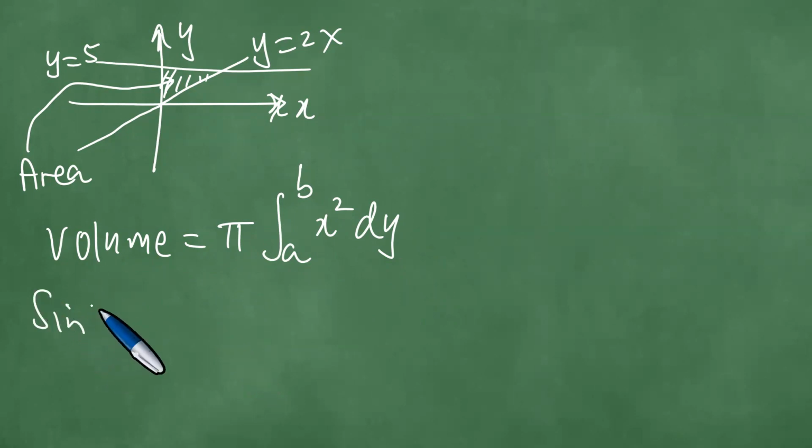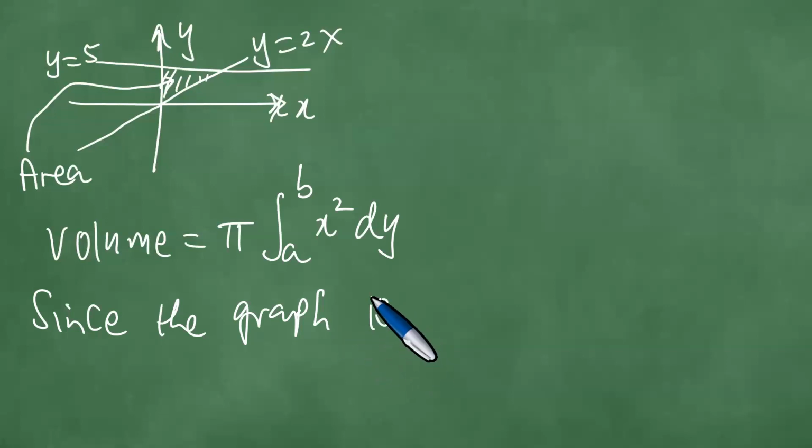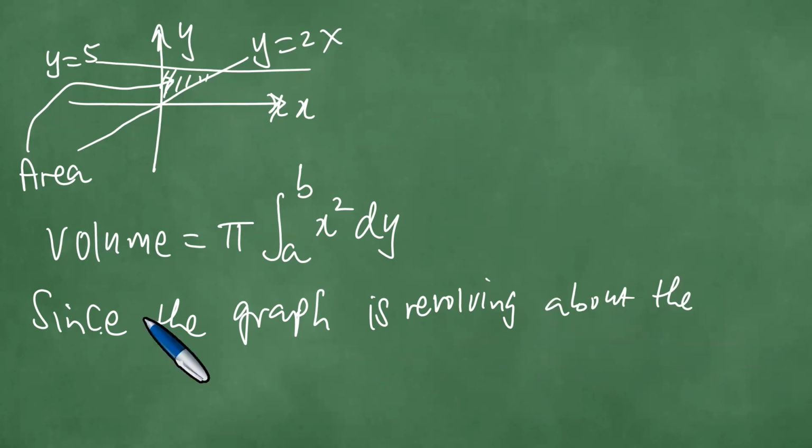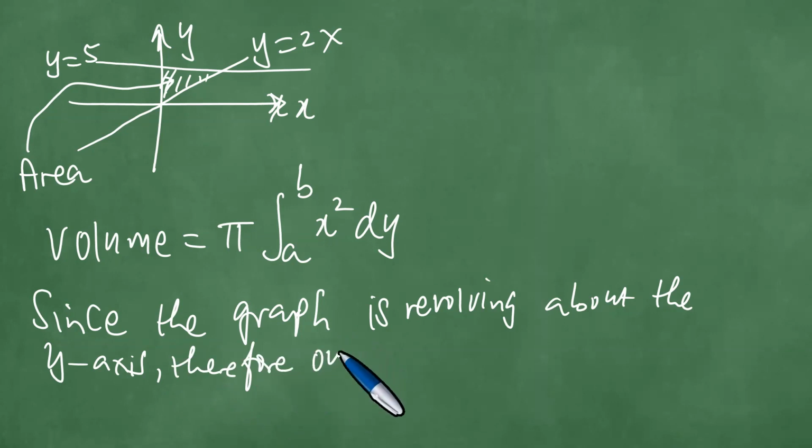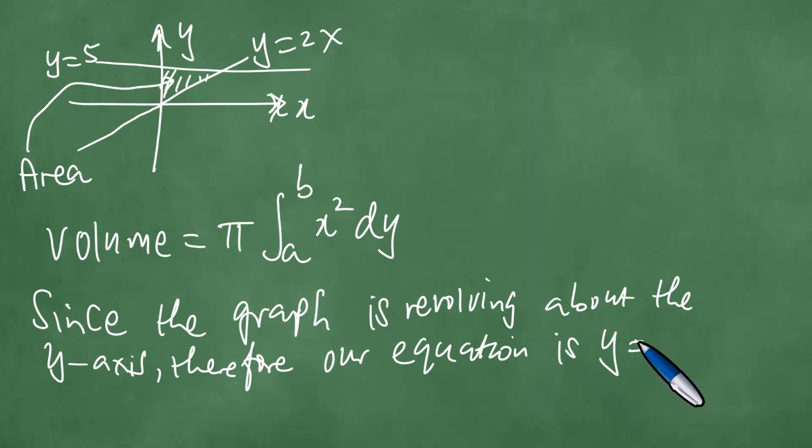But we make a couple of observations that since the graph is revolving about the y-axis, therefore our equation is x equals y on 2.